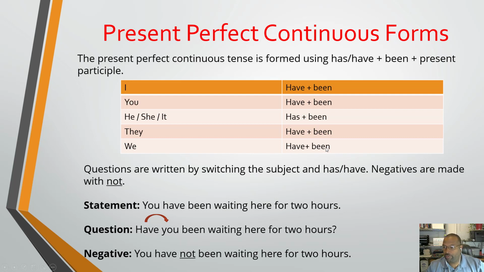Okay, so you should be pretty familiar with this. We've been talking about this through all the other tenses. So when we have first person, I have, you have. When we're talking about somebody else, he, she, or it has. When we're talking about a group of people, they have and we have. Okay? So that's what this means.